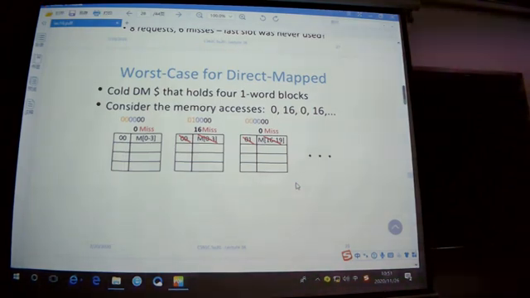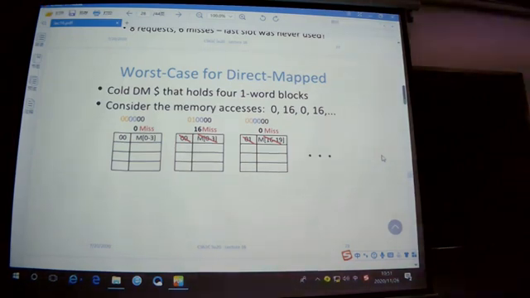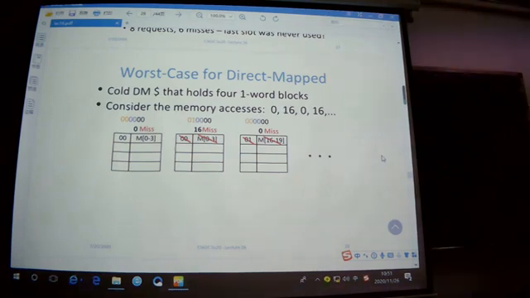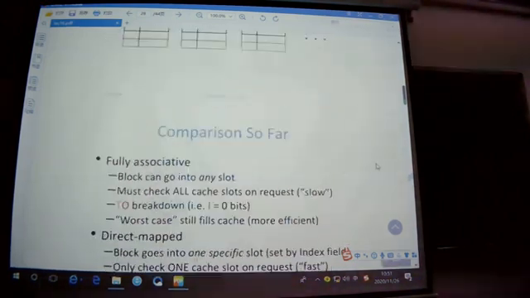Because all accesses are missing, this is called the worst. But the condition has conditions. So in the ebook and some materials, we have discussed this worst case.